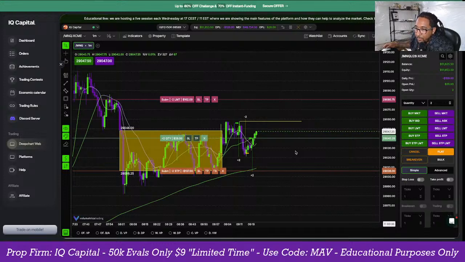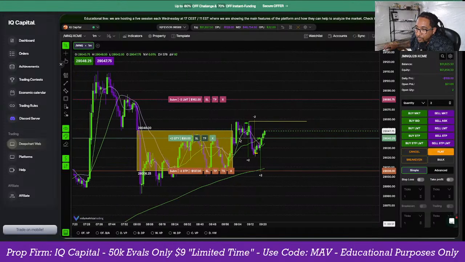It looks like we're getting to the upside here. Earlier we put on 2 micros. We were just a little bit early on those longs. I was shooting for those highs there. The market broke the little interior 1-minute high here and pulled back, created a higher low into this 1-minute bullish order block here.